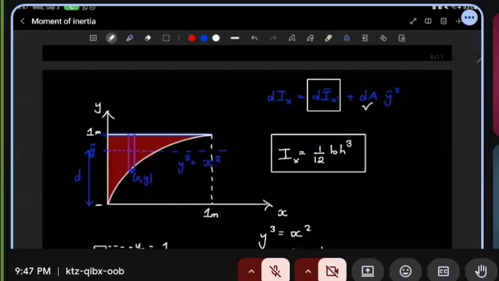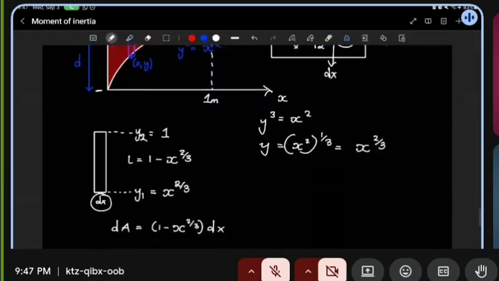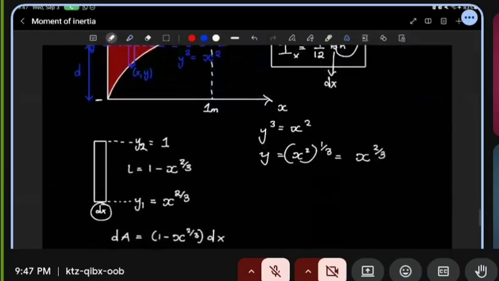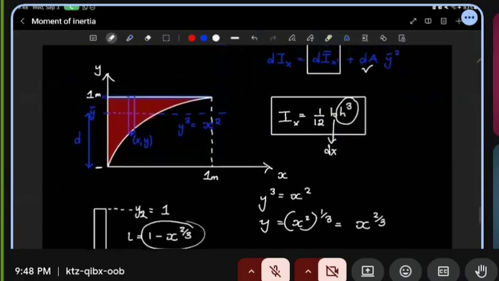So when we apply this, the base here is basically going to be the thickness, which is our dx. And when it comes to the height of the shape, we've seen the expression that will give us the height there. So the height for the rectangle will basically be given by the difference between the top and the bottom.